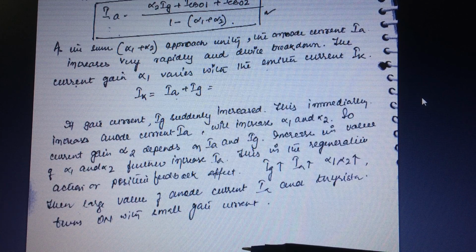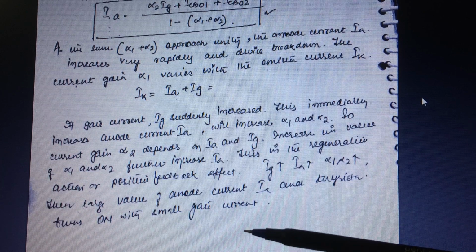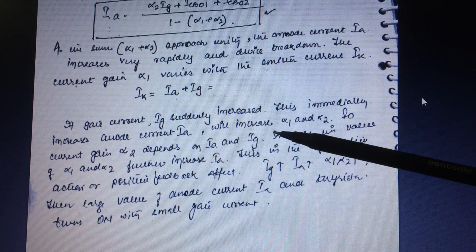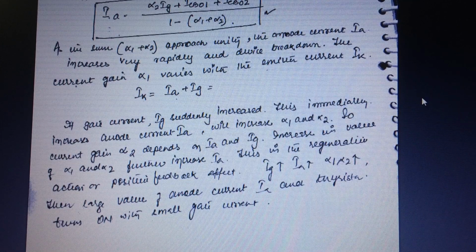If the gains increase, the anode current will also increase, and there will be a regenerative action in the circuit. This is the main thing. So a large value of anode current will start to flow and the thyristor will get turned on with a small gate current.